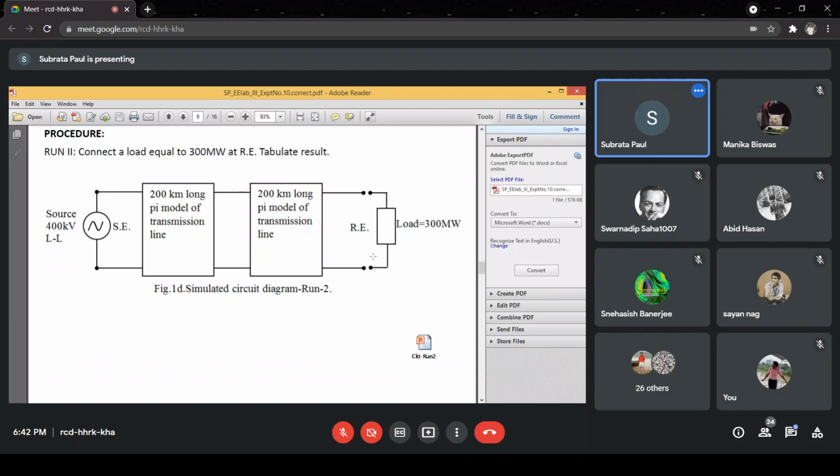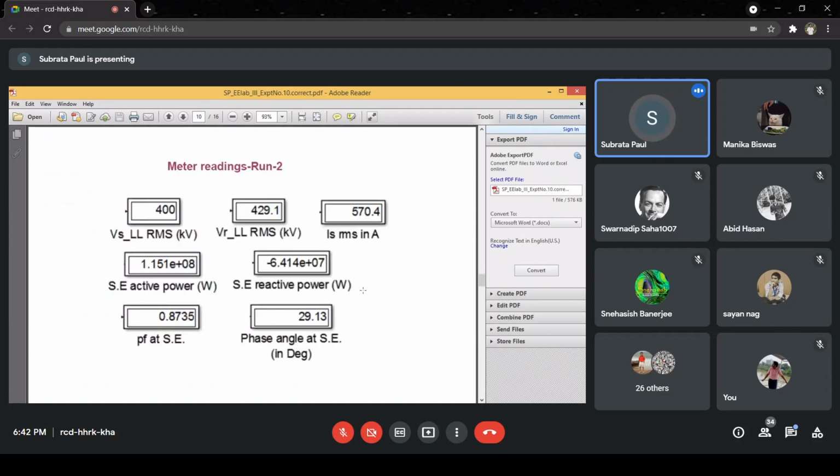So what do we expect? You see, the receiving end voltage magnitude is larger than the sending end voltage magnitude. Loading is less, therefore the magnitude of the sending end current is also less compared to the previous case.